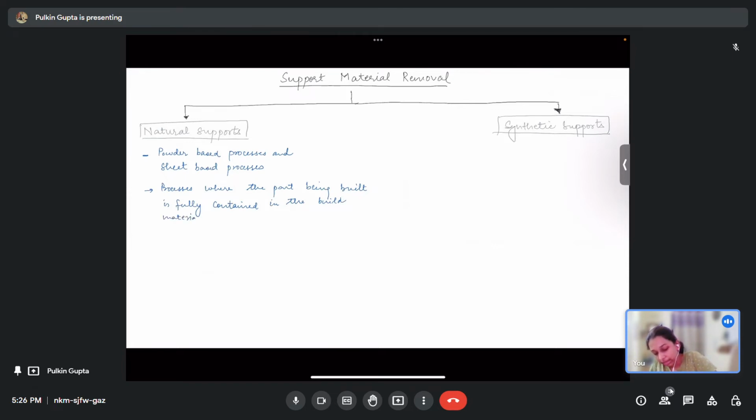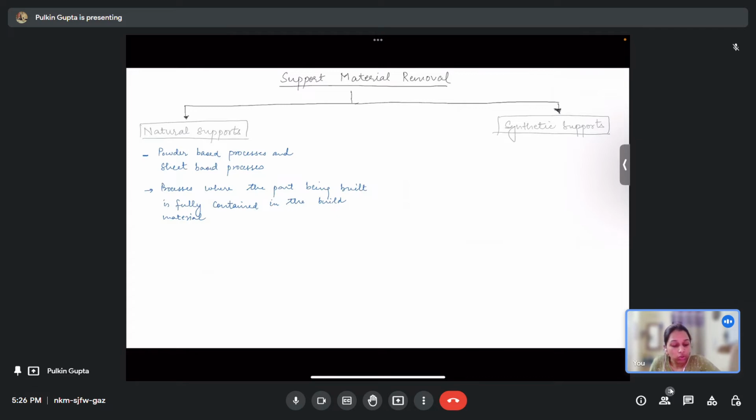So like in powder bed processes, whatever part is being built remains in the powder. It is not solidifying the powder to provide support, nor is it using any extra material to provide support. Instead, that loose powder is in itself providing the support. So such are known as natural supports.